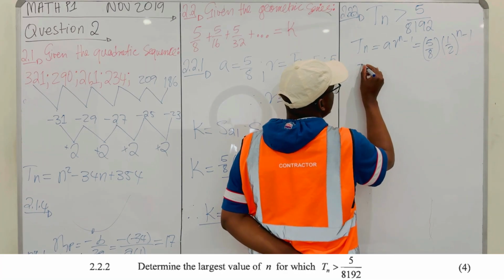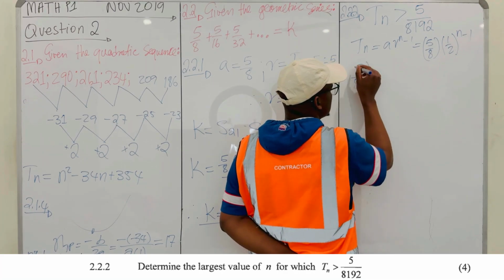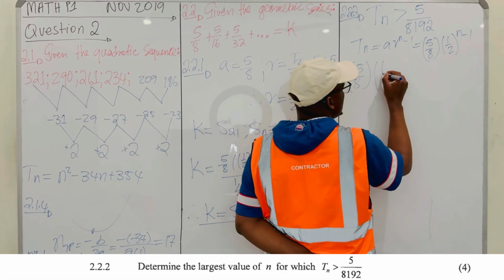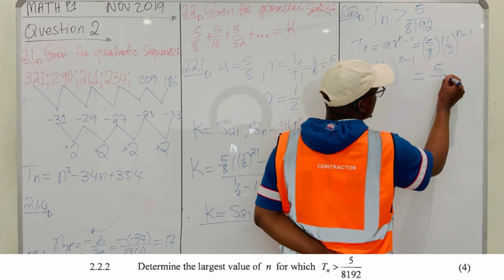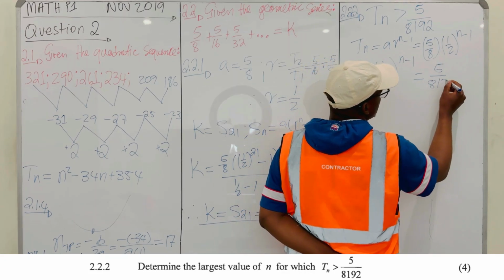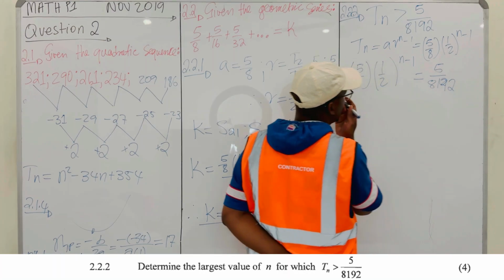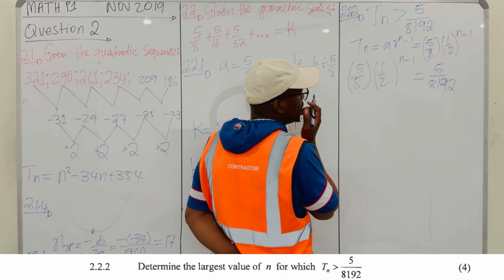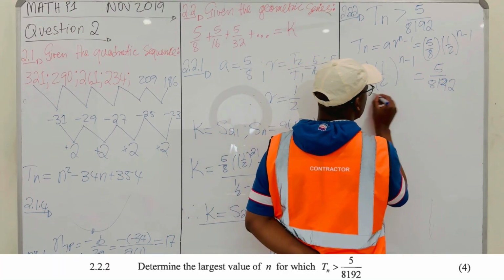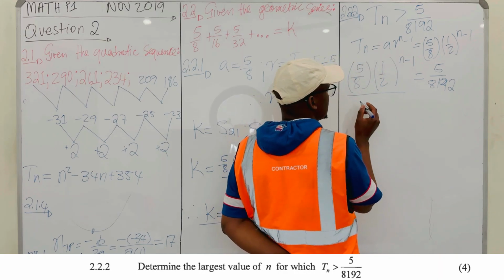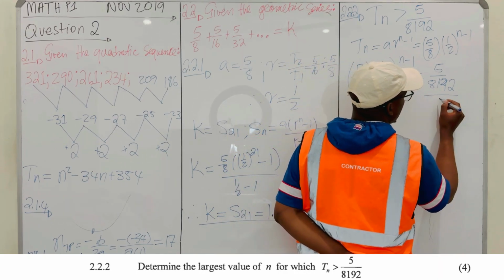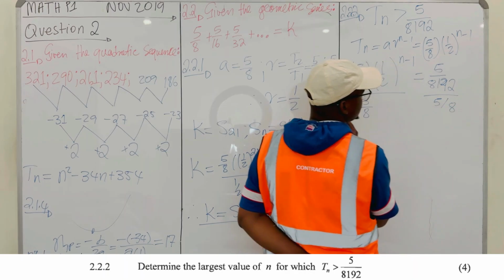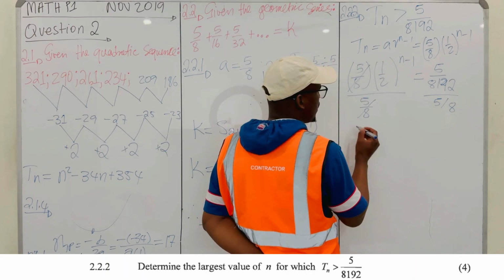So you have 5 over 8 into 1 over 2 raised n minus 1 is equal to 5 over 8192. So you divide both sides by 5 over 8, so this and this go away.